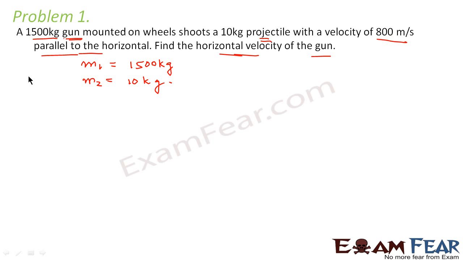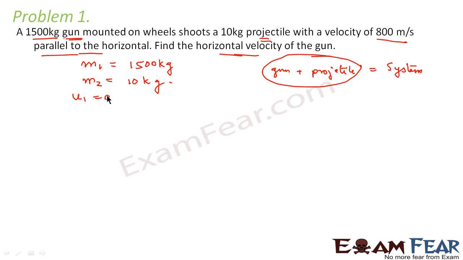Also, initially the entire system is at rest, that is gun plus projectile. Gun and projectile together constitute the system here. So let us suppose initially the velocity of the gun was equal to 0 and initially the velocity of the projectile was also equal to 0, because initially the entire system was at rest.